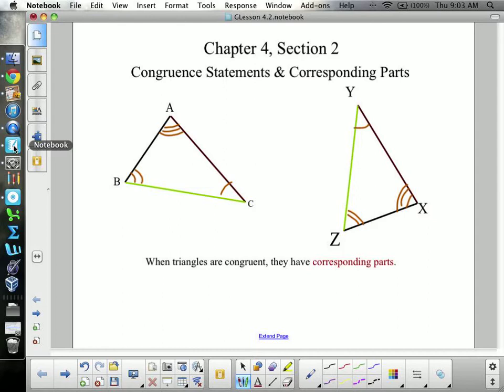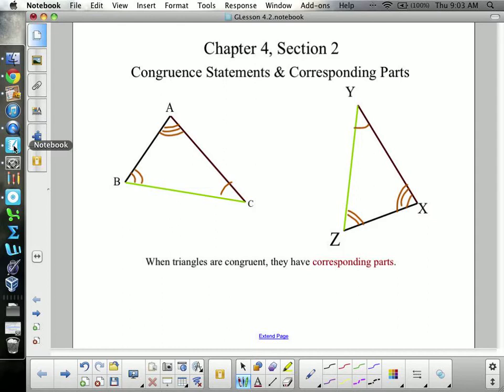Identifying corresponding parts in triangles is going to be really important to what we're doing, because when we show triangles congruent, we're going to show corresponding parts are congruent. That's how we're going to prove triangles are congruent, by building corresponding parts.